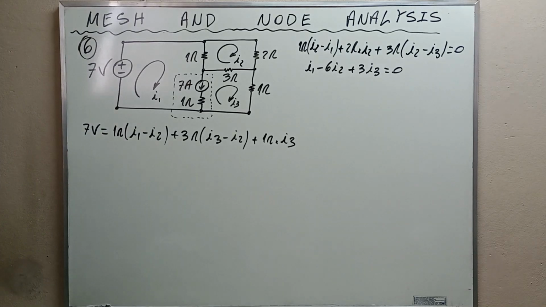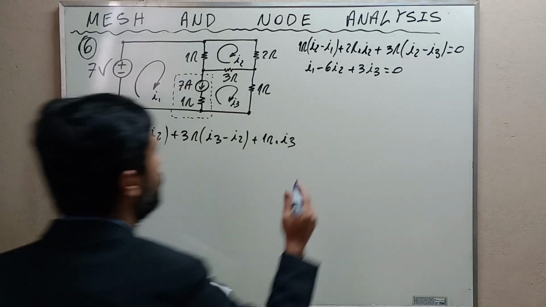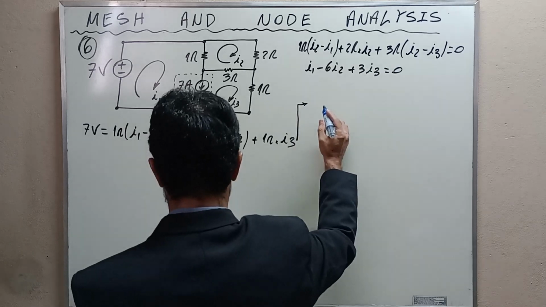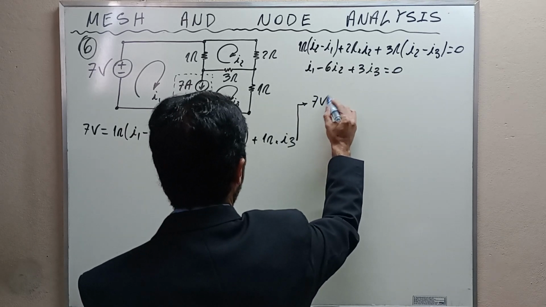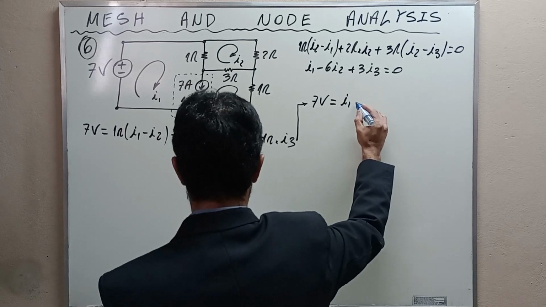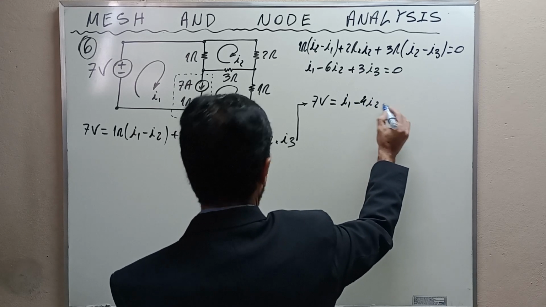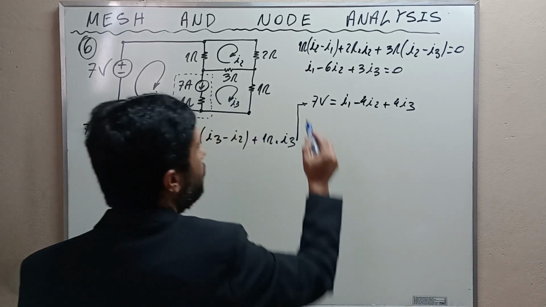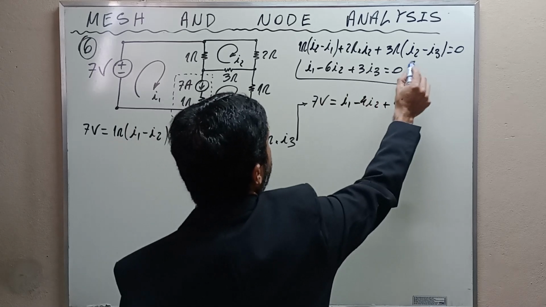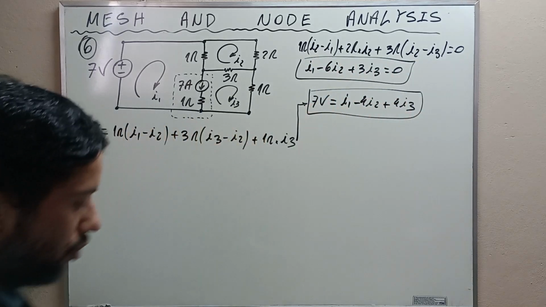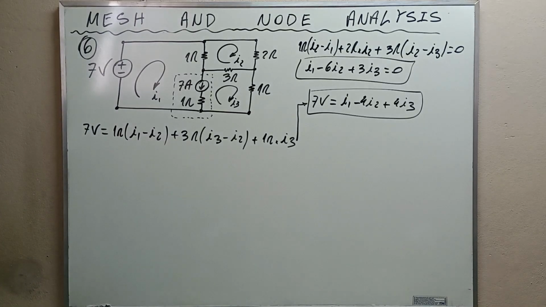And if we simplify, we find that it is equal to, I'm going to store it here, 7 volts is equal to I1 minus 4I2 plus 4I3, okay? So these are the equations that we are working with, okay? Store it there, store it there.